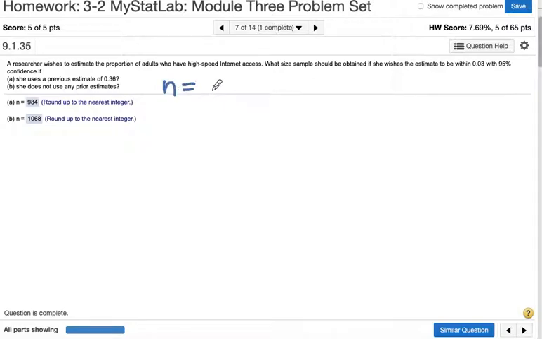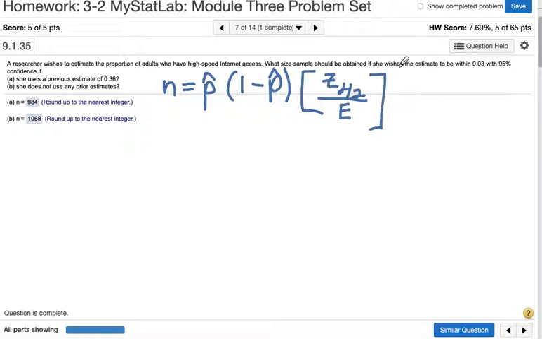So n is the sample size, and then we have the sample proportion, p hat, times the quantity of 1 minus p hat, times the quantity of z alpha over 2 over E, and then this is being squared. Okay, so let's take a look at this.